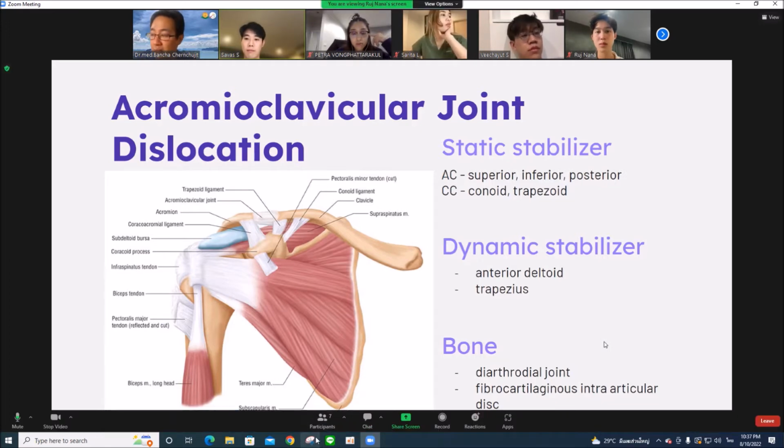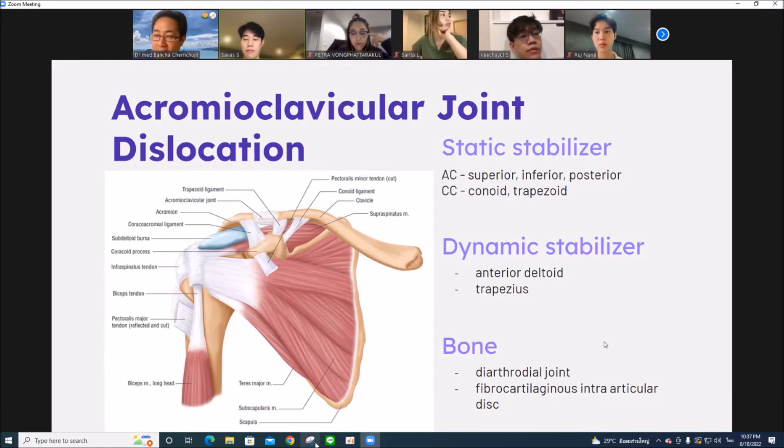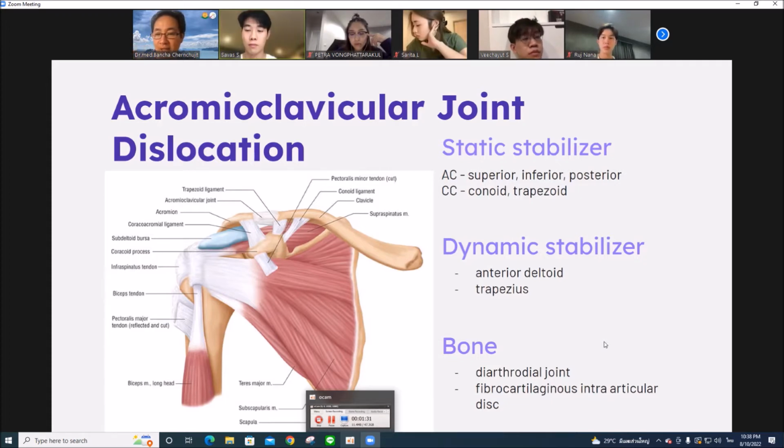The patient may have wing scapula, and after that, scapular dyskinesia. So that's why it's important. Actually, the AC joint has very little motion. Its function is just to connect the clavicle to the whole shoulder complex. Very good. Next.